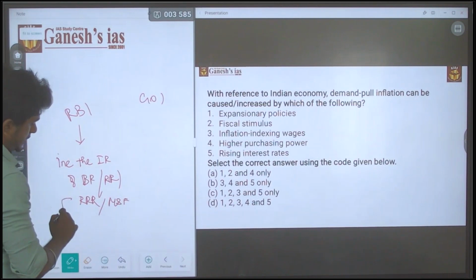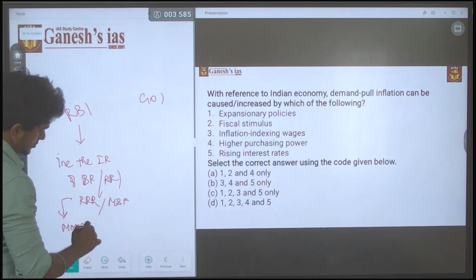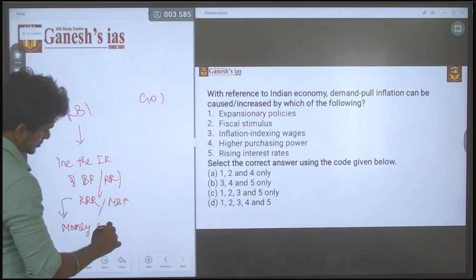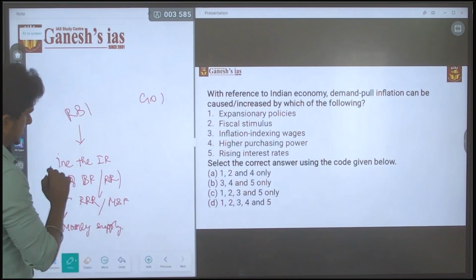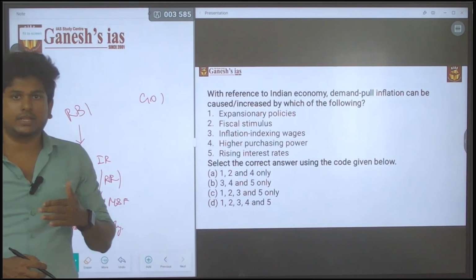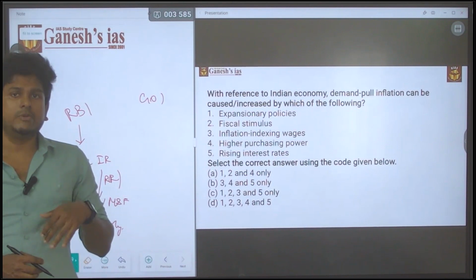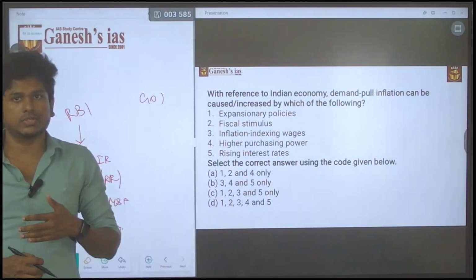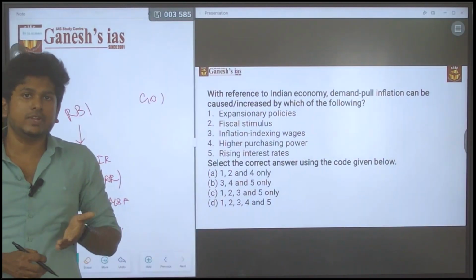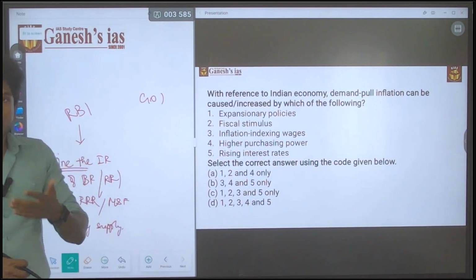In such a way they will reduce the money supply in the market. By increasing the interest rate, they try to reduce the money supply. If the money supply is reduced, the demand for certain products is also reduced, so the demand pull inflation will be addressed. That is what the RBI will do.